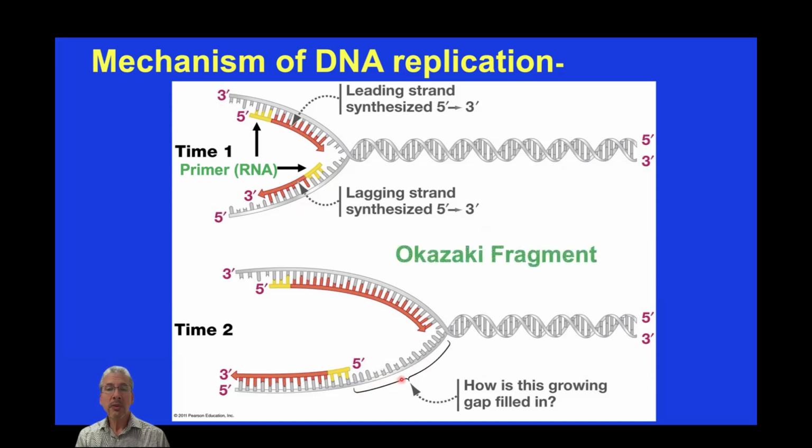And what we end up doing is forming small fragments, so-called Okazaki fragments, named after the person who discovered these, that will then be joined. So this is one Okazaki fragment right here, but we'll produce a bunch of these Okazaki fragments on this lagging strand, which will later be connected to give us 2 complete pieces of DNA.